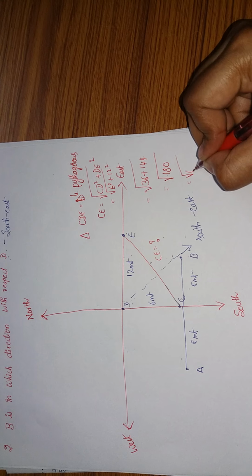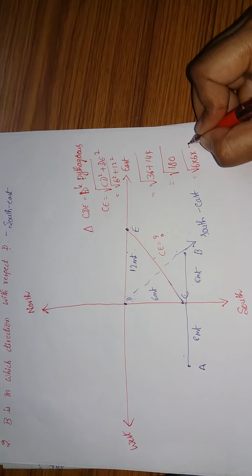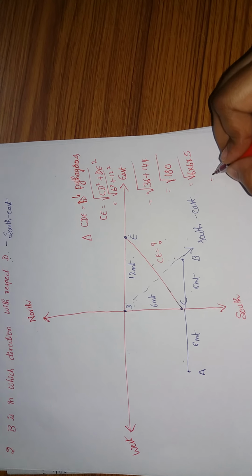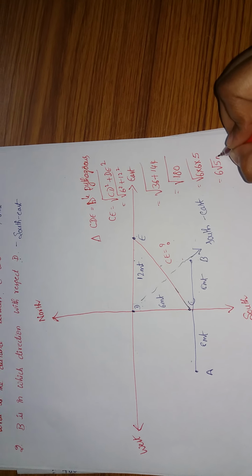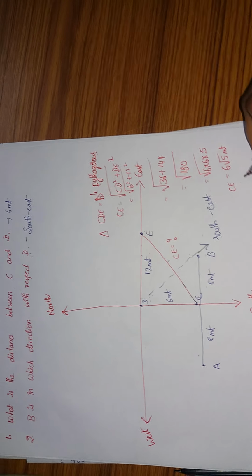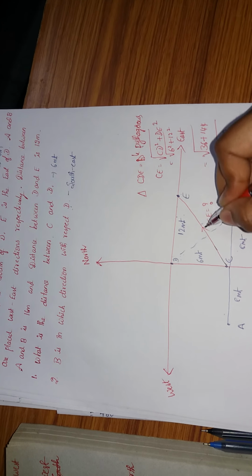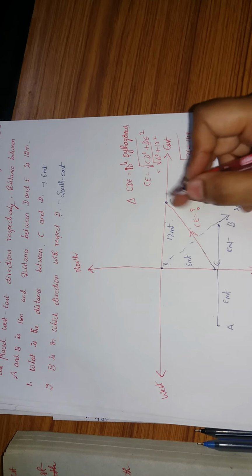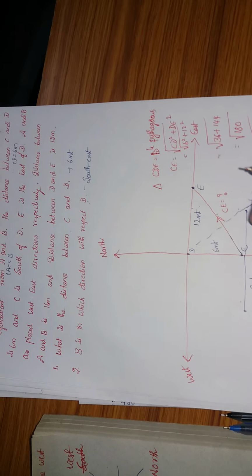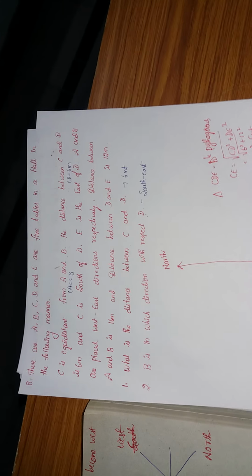It should be written as 6 into 6 into root 5, that is 6 root 5 meters. The distance of CE is 6 root 5. When we have to calculate the distance between C and E, we can solve it by using the Pythagoras theorem. And finally, we have to solve this problem.